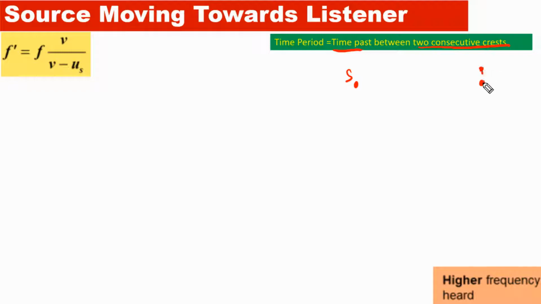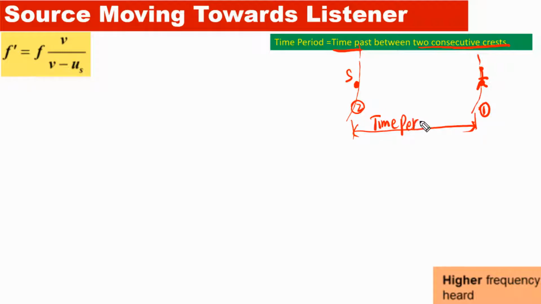The source is producing waves, and let's say the first crest received by this listener is 1, and the source produces another pulse, and after a certain period of time the listener will receive the second crest.